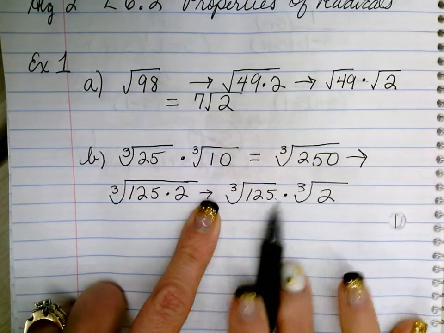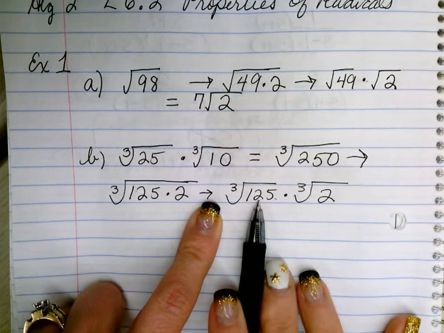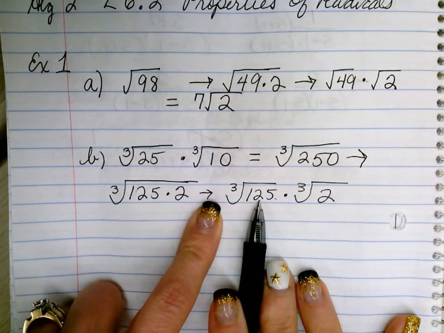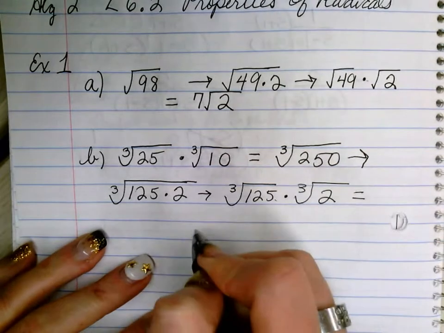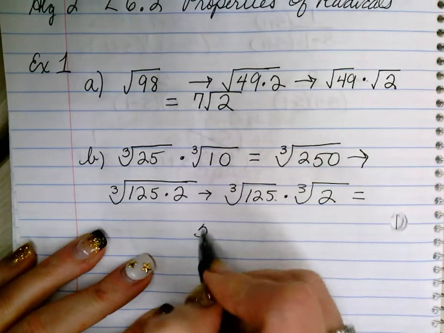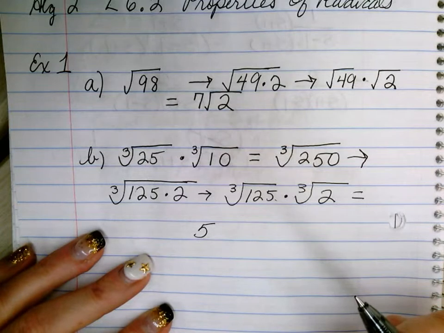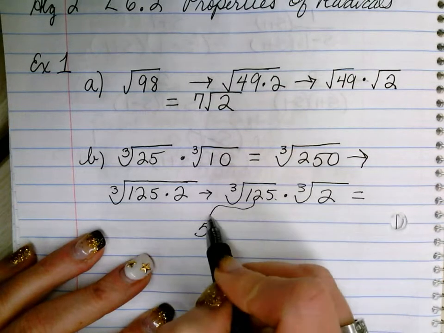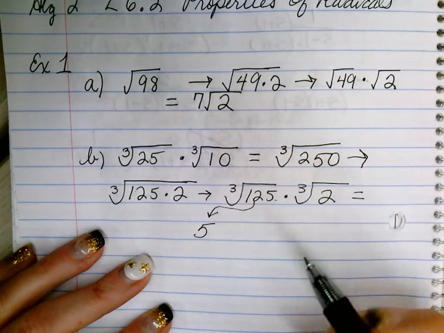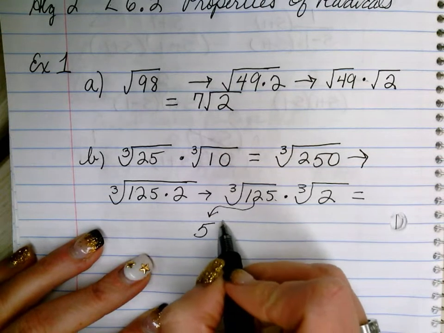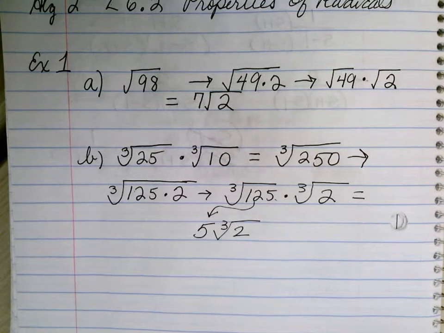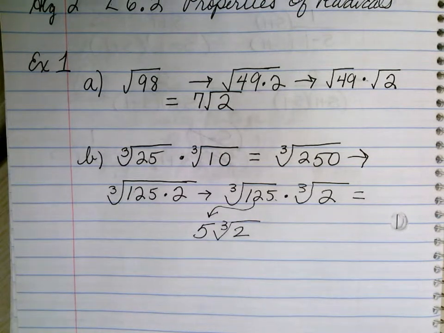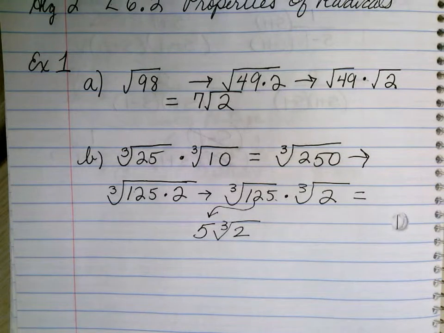Now that I have broken out the 125, it does have a cube root, right? The cube root of 125 is 5. Therefore, that comes out of the radical sign, and the end result becomes 5 multiplied by the cube root of 2. There is no cube root for 2.